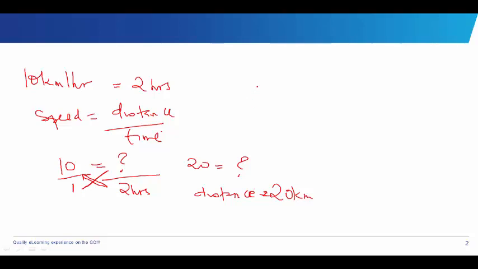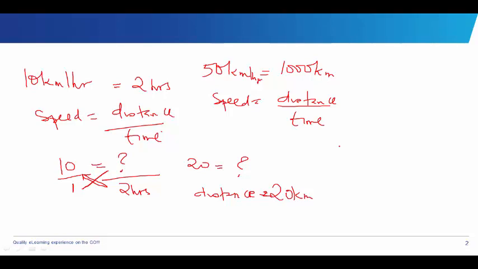Let's take another example. You have a train moving at a speed of 50 kilometers per hour and covered a distance of 1,000 kilometers. How long did it take the train to travel? This is the speed, 50 kilometers per hour, and the distance covered is 1,000. So I have it as speed equals distance over time.